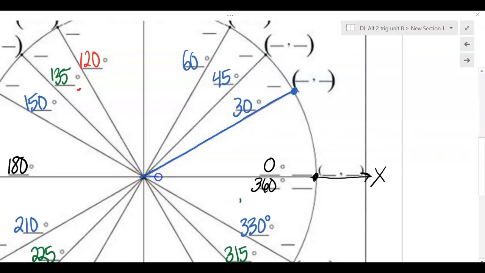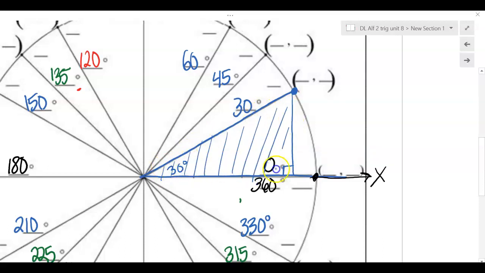Now remember, if I draw the initial side of the angle and the terminal side, this is the portion in between them that I'm measuring as 30 degrees. If I connect this back down to the x-axis, I've just created in this area right here a right triangle with a 30-degree angle, which means this is a 30, 60, 90 triangle.